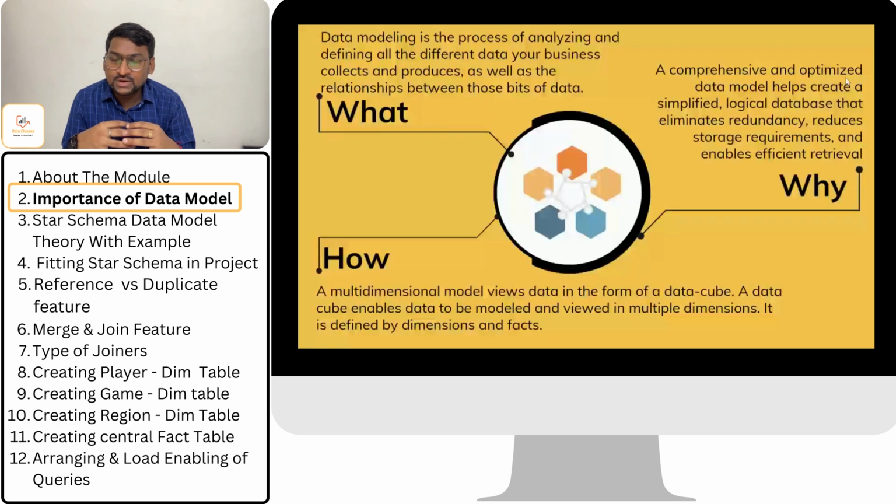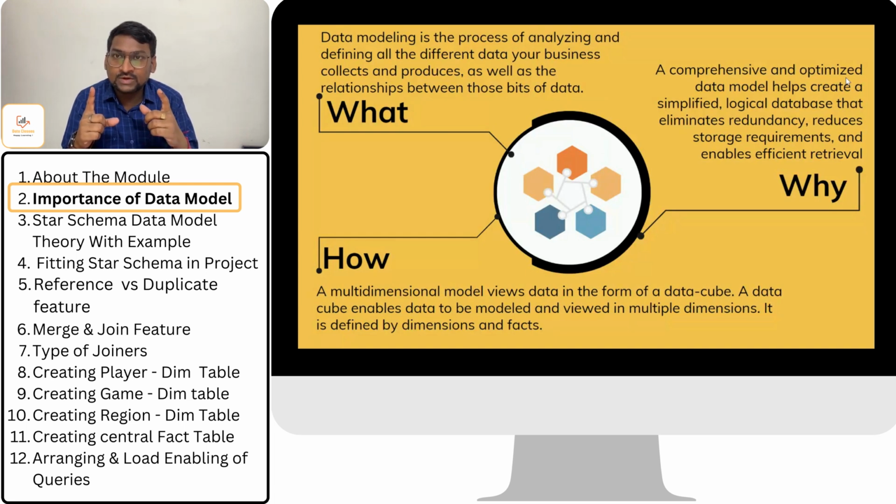So, first of all, what exactly is a data model? Data modeling is the process of analyzing and defining the different data your business collects and produces, as well as the relationships between those bits of data. This is something that I have taken from the internet. In a nutshell, a data model means all the information should not be in one table.